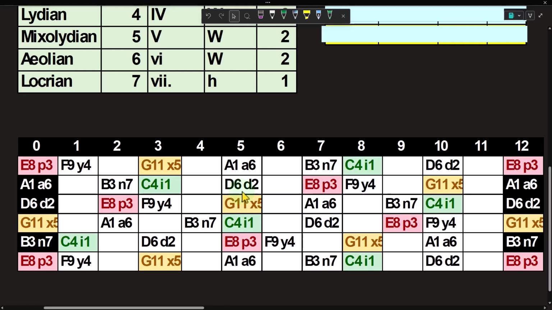Well, 7 minus 1 would be 6 modal whole steps forward. If I was down here on this D, it's going to be 1, 2, 3, 4, 5, 6 forward, right? So that's how I can basically find it, and then I can see what my shape is.